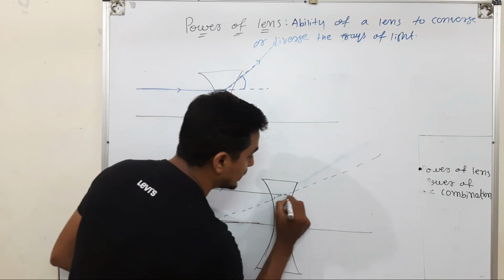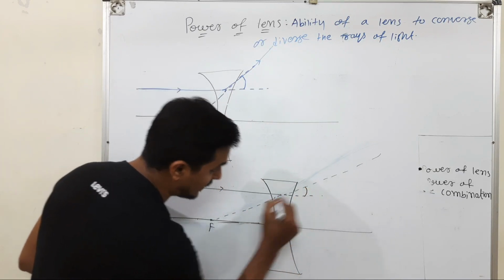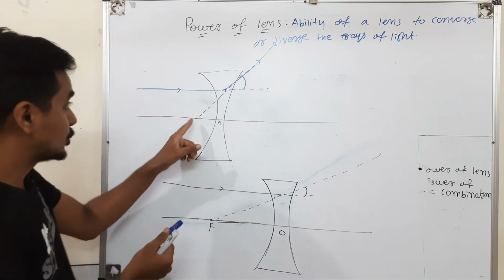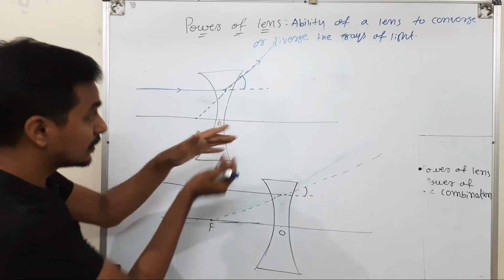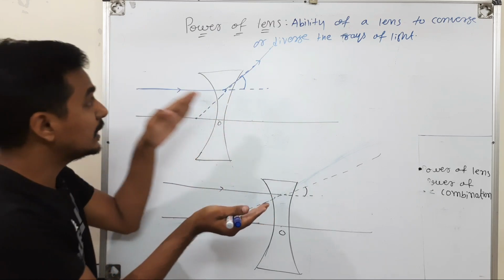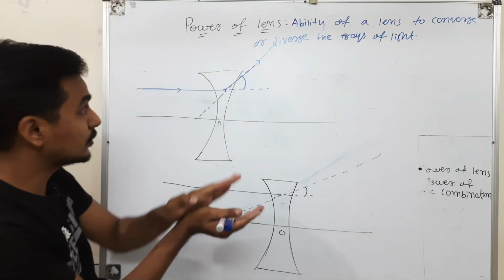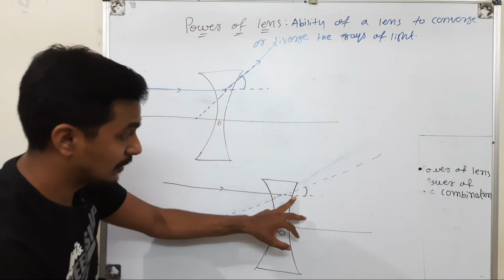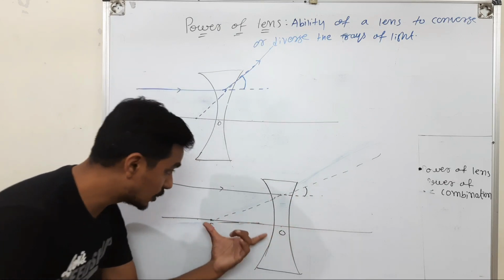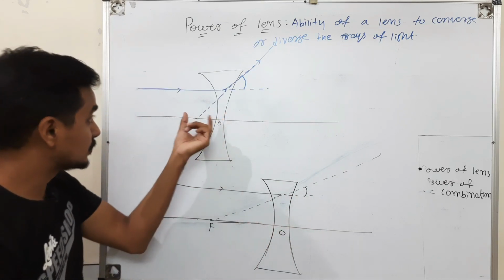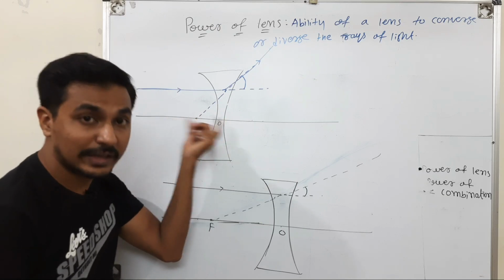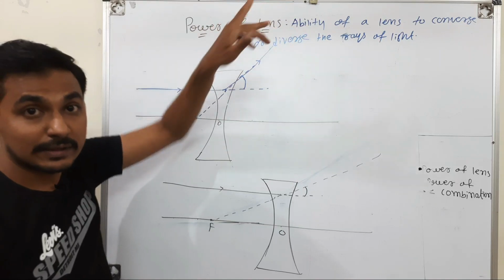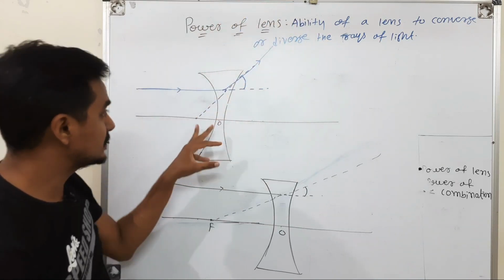Here this is parallel. What is the angle of divergence? For the shorter focal length, the bending away from the normal is larger. Here, for the larger focal length, the bending is smaller. So for the smaller focal length of a concave lens, the ability to diverge the ray is more.